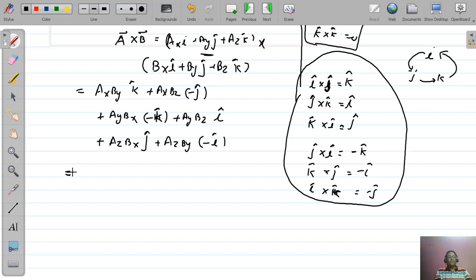So now we combine the i terms with i, j with j, and k with k. First we take i.